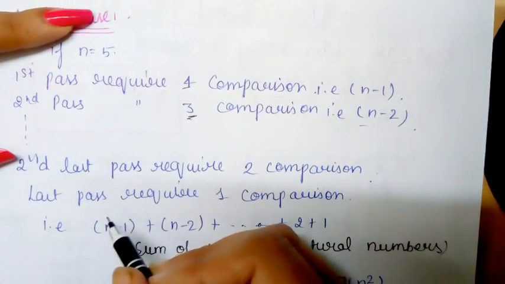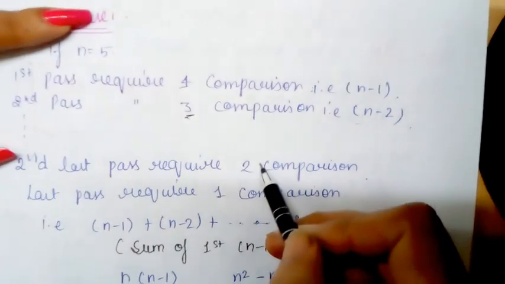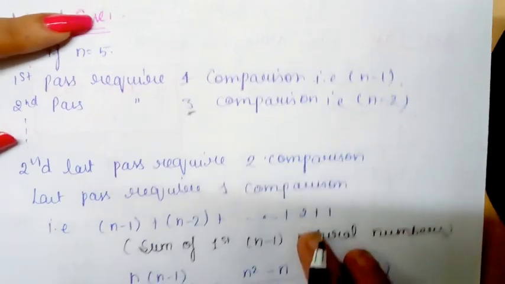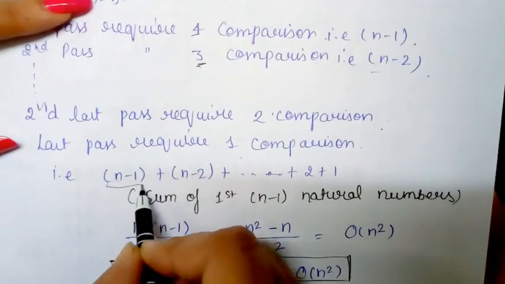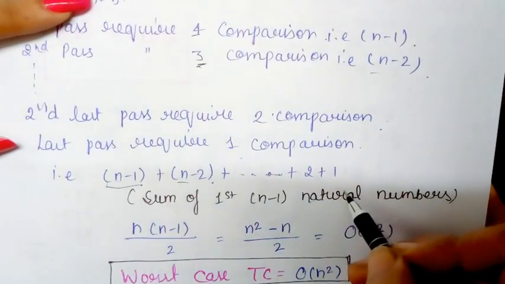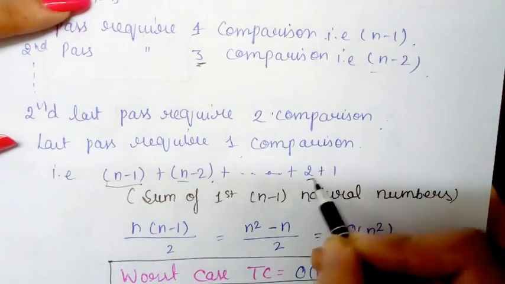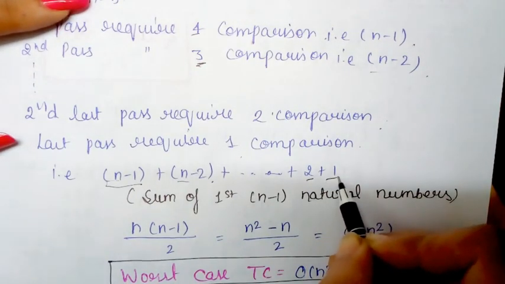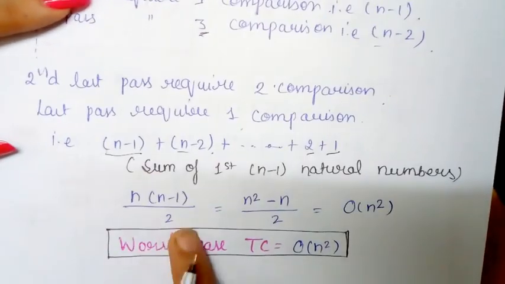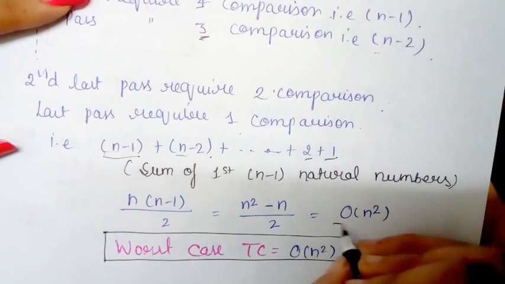If we generalize this expression, the second last pass will require 2 comparisons and the last pass will require 1 comparison only. So we add all these values: n minus 1 plus n minus 2 and so on. It is the sum of the first n minus 1 natural numbers, that is n times n minus 1 by 2, which is big O of n square.